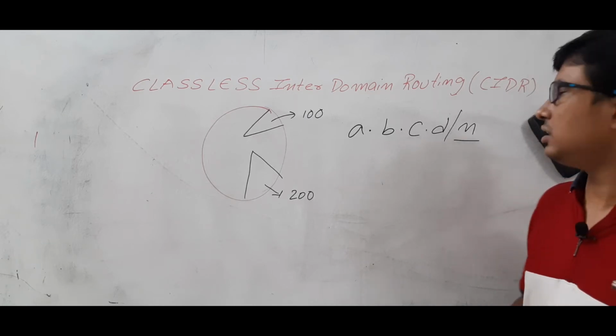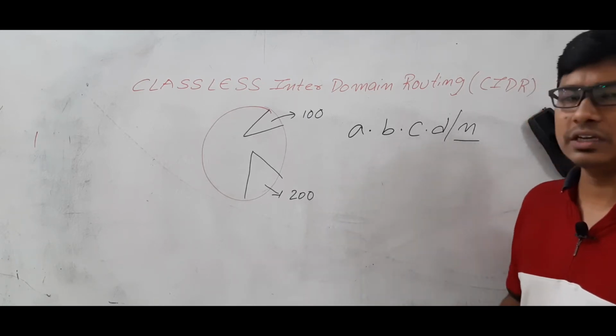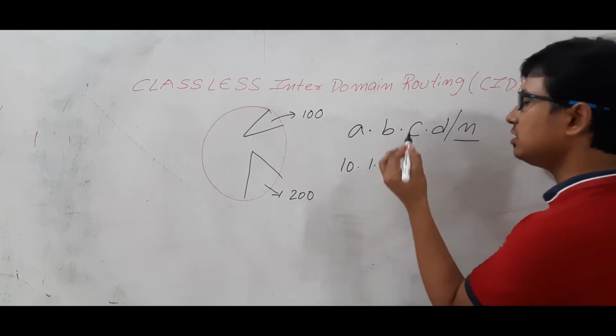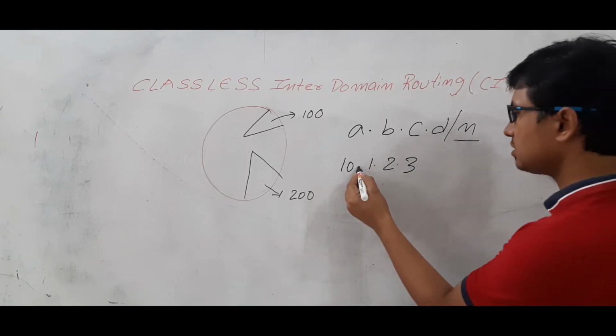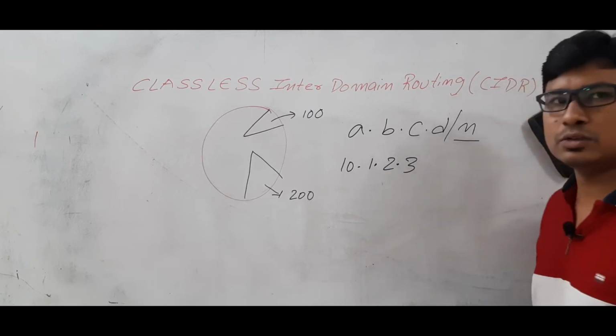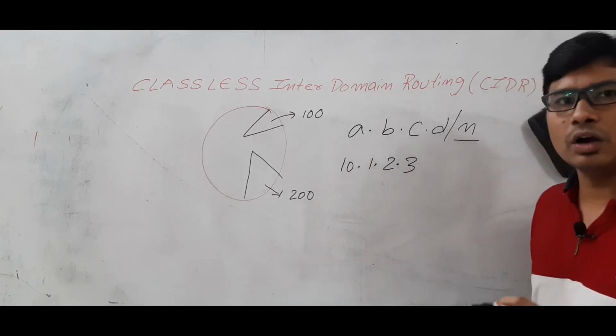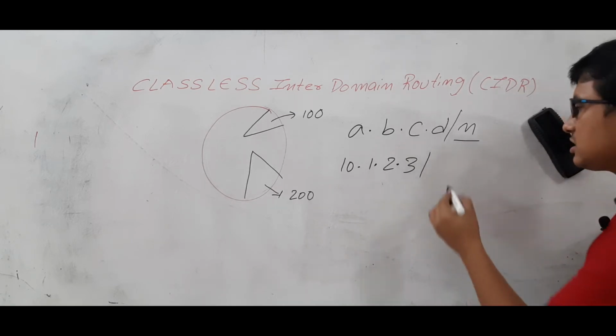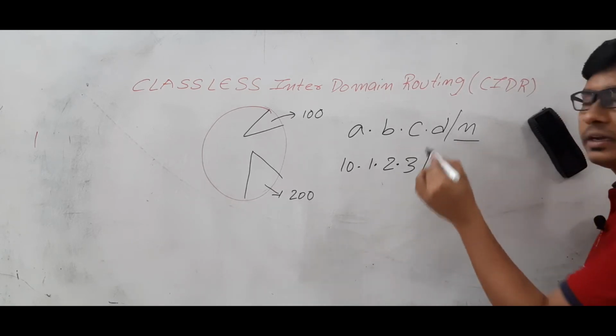Then what is this n? Suppose we take 10.1.2.3. This we know, this is the IP address, a 32-bit address represented in dotted decimal. Now what is this n? Let's take this n value as 10.